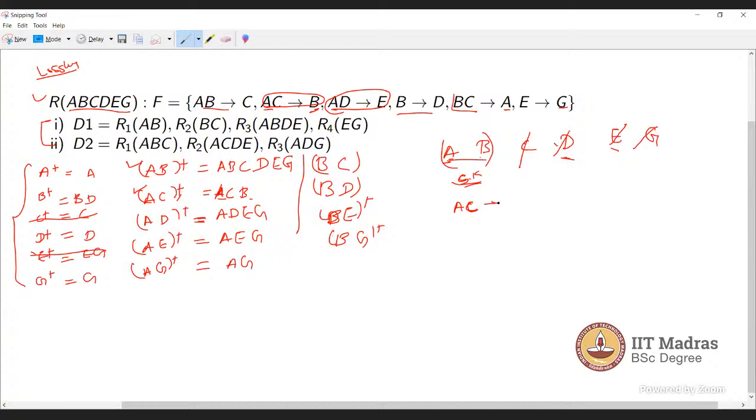We have to check the AC closure, sir. It's not exactly C replaced. We replaced B with AC, so it becomes AAC, which means AC. Yes, exactly.